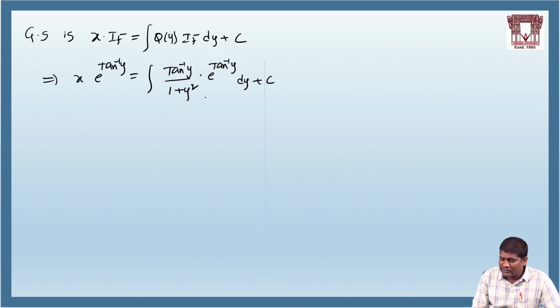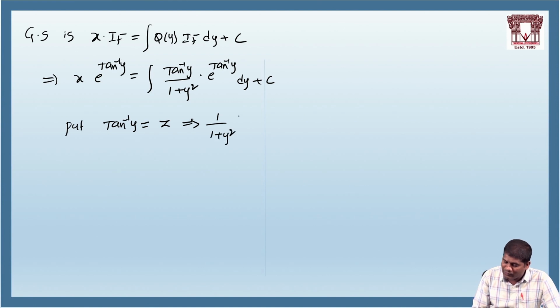We cannot evaluate this integral directly. We can evaluate it by the substitution method. Substitute tan⁻¹y = z. Then the derivative of tan⁻¹y, 1/(1 + y²) dy, equals dz. Now we substitute this in the expression.